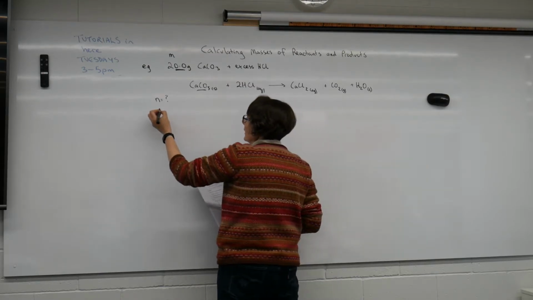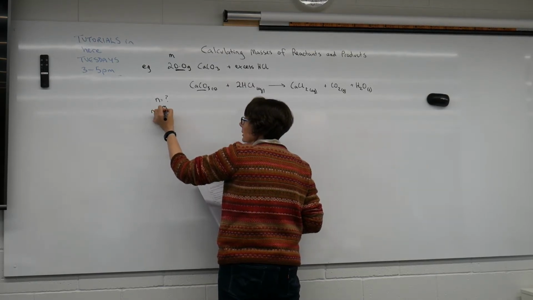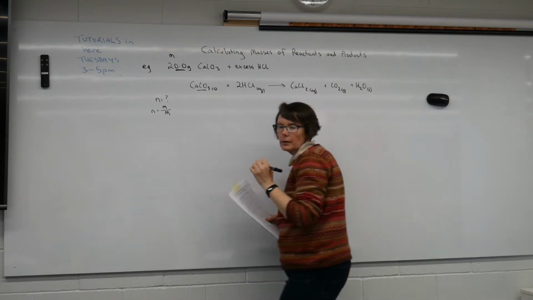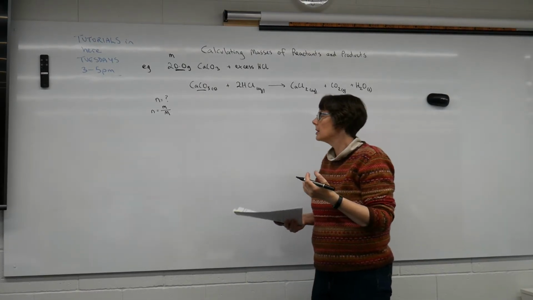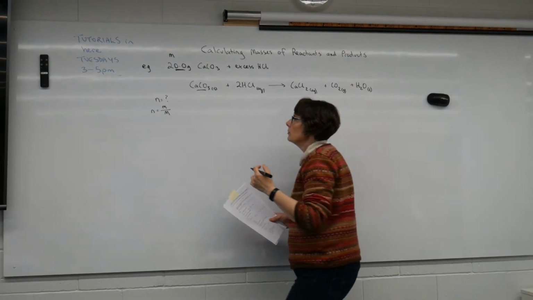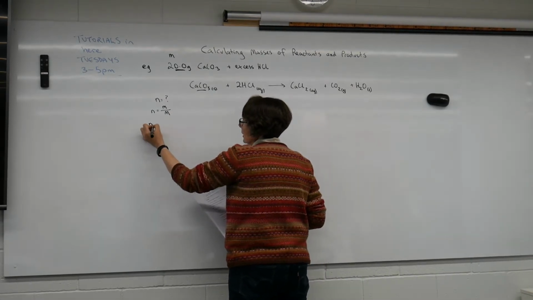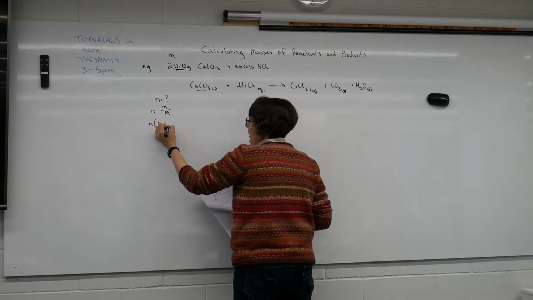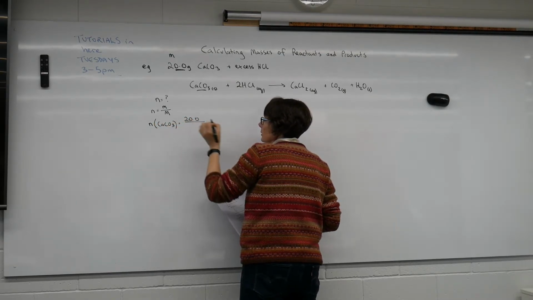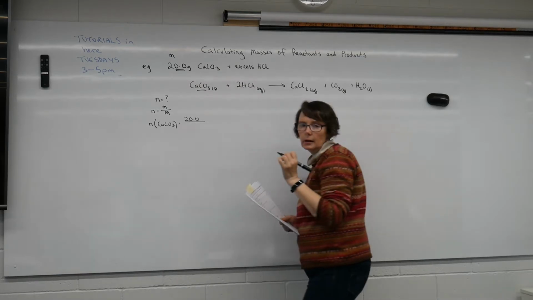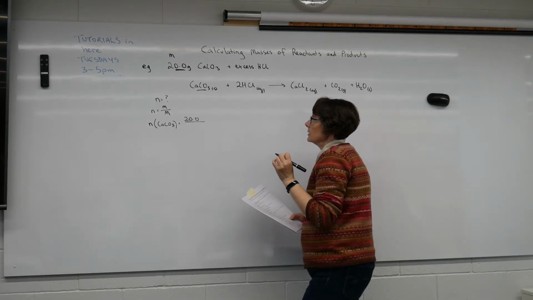The way to find the moles is by using that relationship there, where the sample mass divided by the molar mass of the substance will give us the number of moles. So my moles of calcium carbonate will equal 20 divided by the molar mass of calcium carbonate.